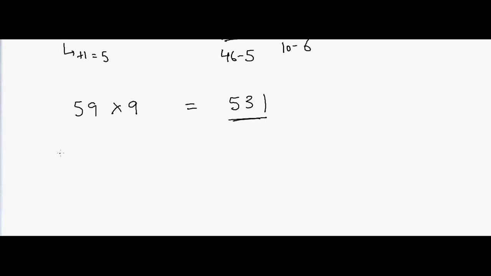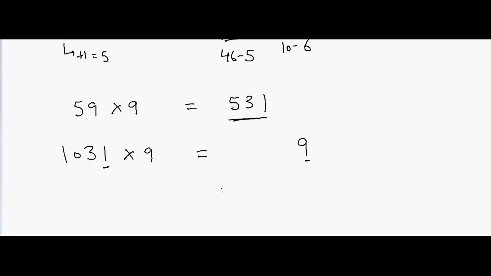Now this formula will also apply for very large numbers. So suppose I have 1031 and I want to multiply by 9. So let's see. First I'll take the 1. So 10 minus 1 is 9. So the last digit would be 9. Then I have 103.